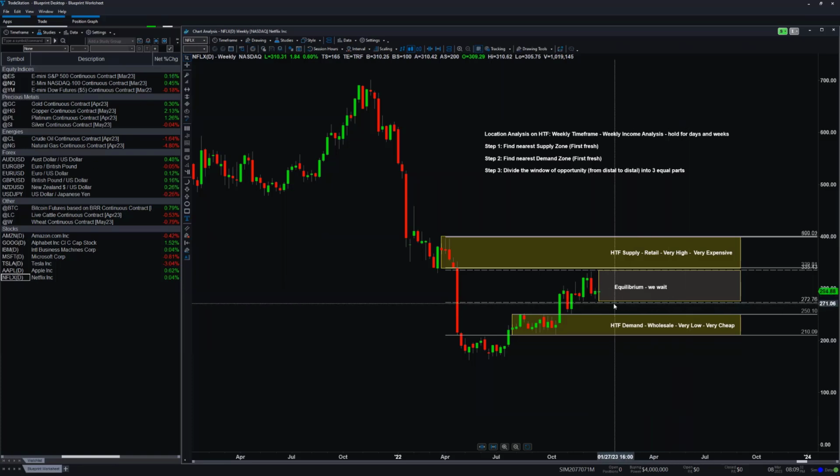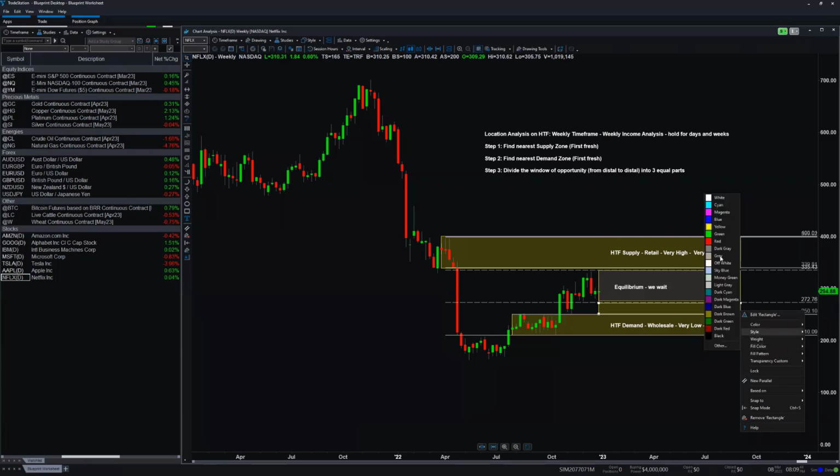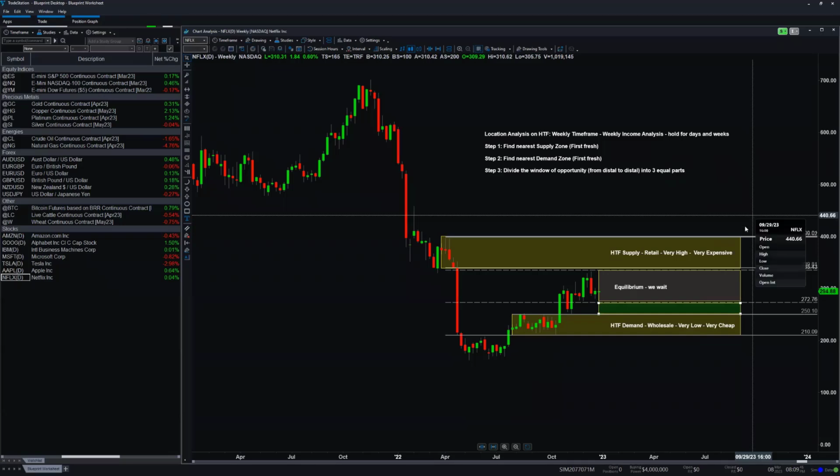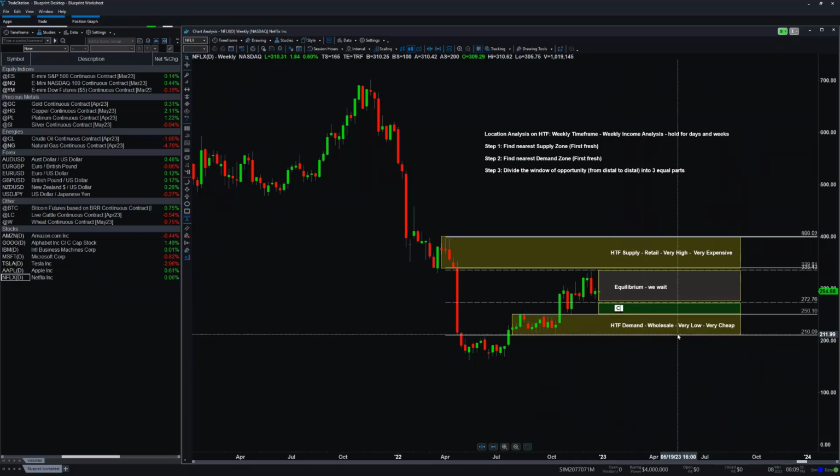If we look below price, from here to here, price is going to be cheap or low.